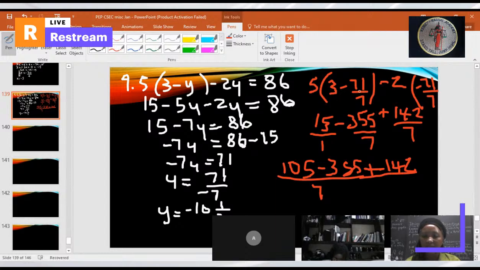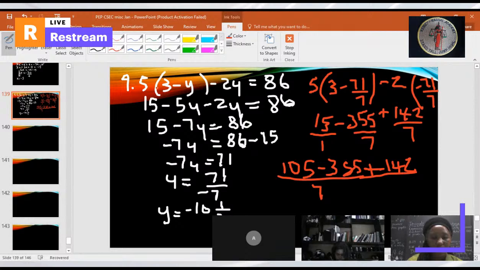Expanding this, we have 5 threes 15, 5 ones 5, 5 sevens 35, and 2 ones 2, 2 sevens 14. So these should add up to 86. 15 times 7, 105, minus 355 plus 142. So I'm getting negative 108.